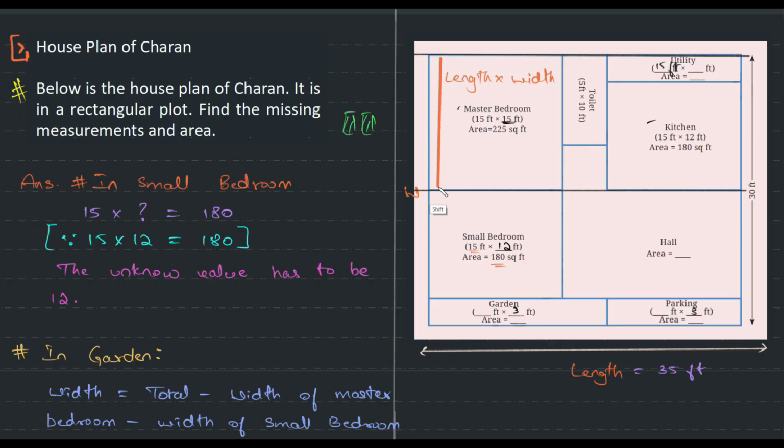So basically from between these two lengths, I know the width. That's it, 15. We have the kitchen width to be 12. So this has to be, yes, it has to be 3.